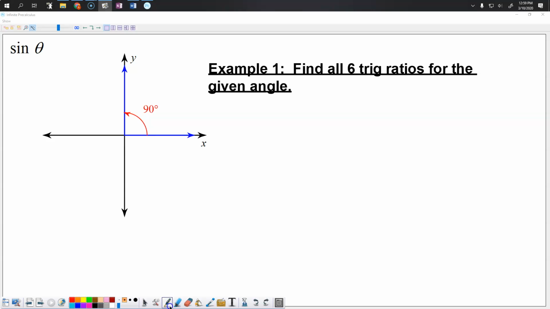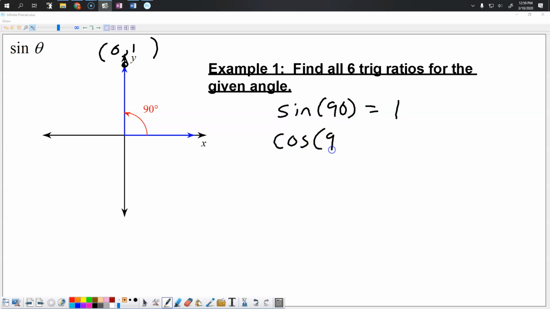All right, here we go. So, we start off with finding the points for that coordinate. What is it? 0, 1. So what is sine of 90? It's 1. What is cosine of 90? 0.